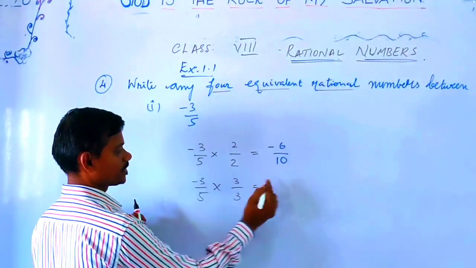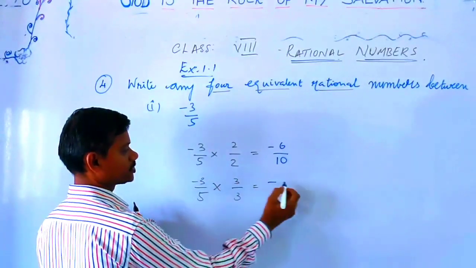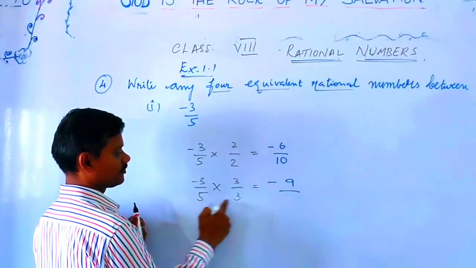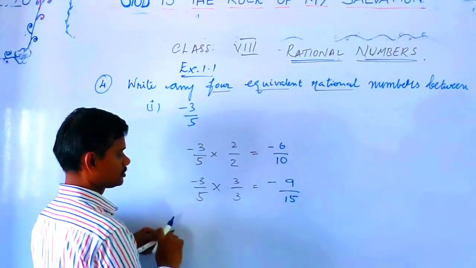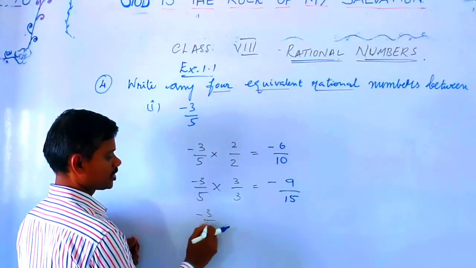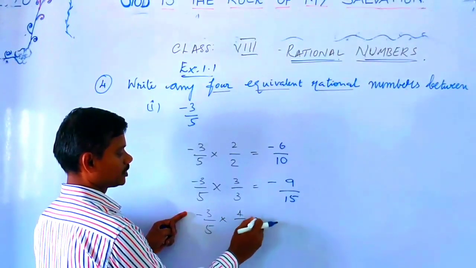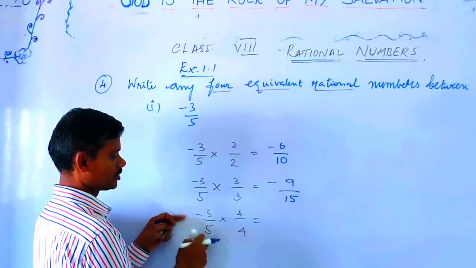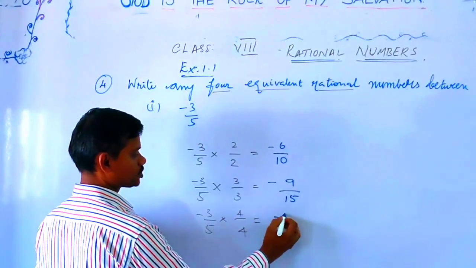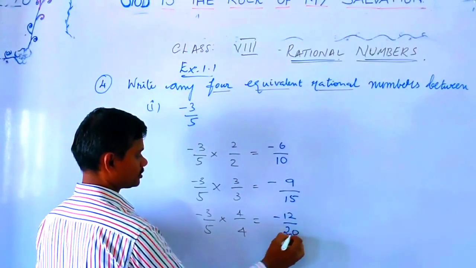Here minus into plus gives minus, 3 into 3 gives 9, like that 5 into 3 gives 15. Then take the same number minus 3 by 5 and multiply by 4 in both the numerator as well as the denominator. It gives minus 12 by 20.